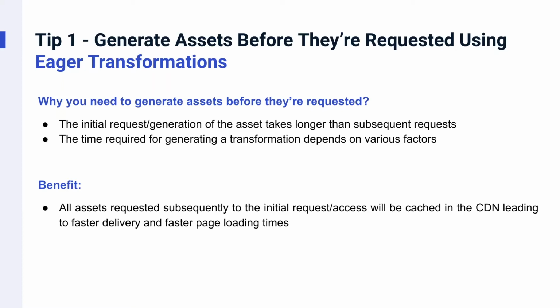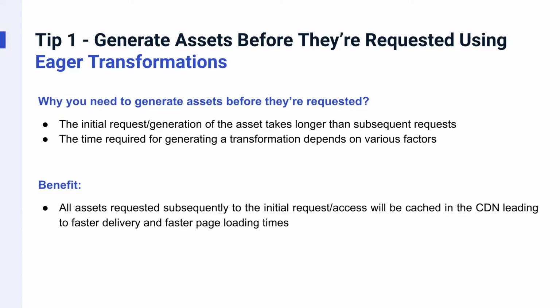When transforming assets on demand, aka the initial request, all transformed assets are generated on the fly, stored, cached, and delivered via CDN. This can be an issue because not only does this process take more time, meaning slower loading pages, but the time required for generating a transformation depends on various factors, such as the original asset dimensions, the asset file size, the requested dimensions, applied effects and transformations. So load times can be quite skewed.